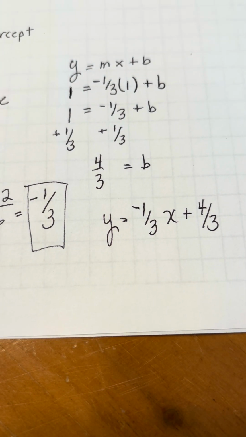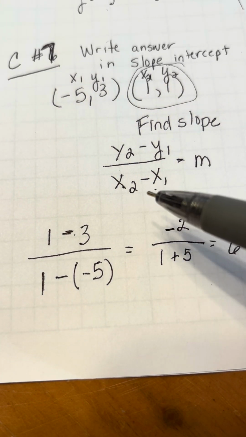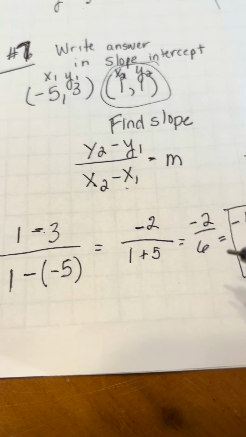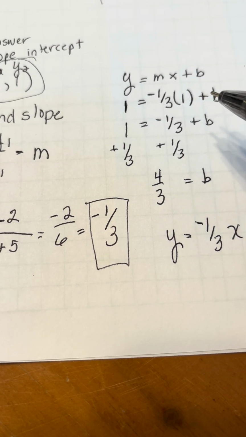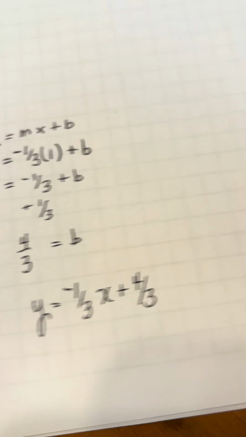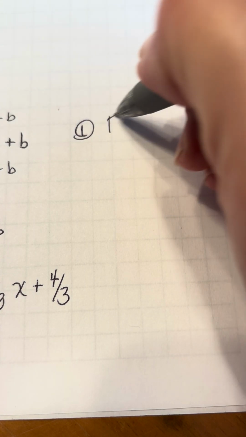So that is pretty difficult. I know there's lots of steps. What did we do? Well, we had to find the slope, use the slope, pick a point, and then plug in. So if I need to write out the steps, I would say first, find slope.